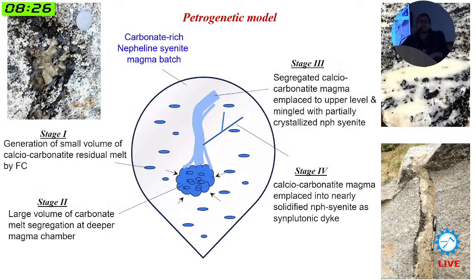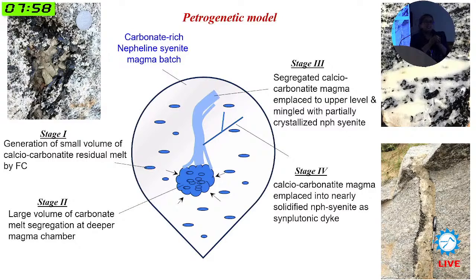So here I am trying to make one model. In the Kunavaram nepheline syenite, certain pulses are rich in carbonate, and they are able to separate out and fractionate small pools of carbonate, which segregate and form small patches within the nepheline syenite. This is the first one, stage 1.